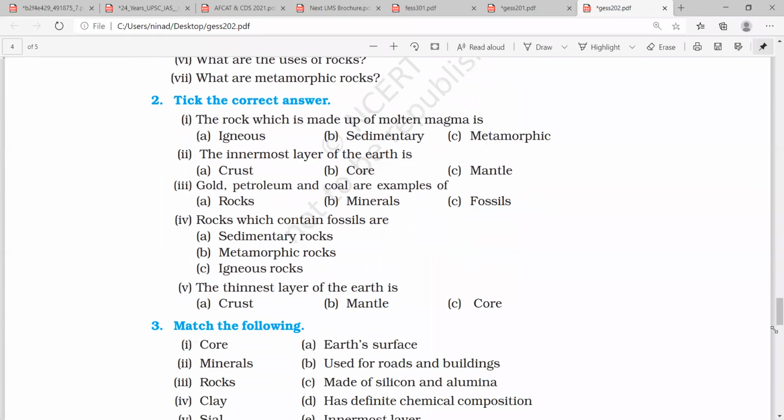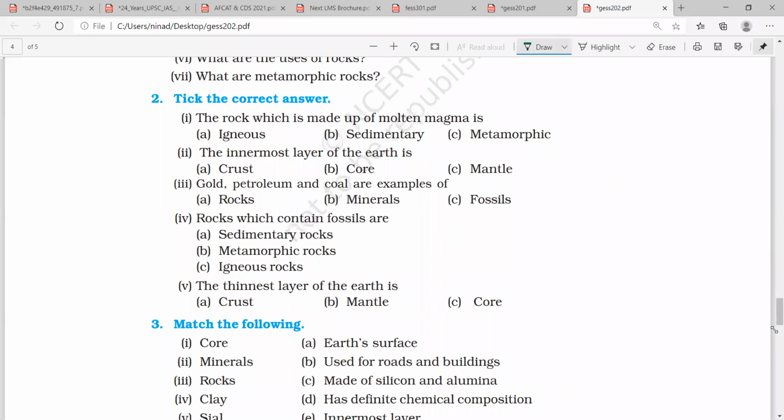Okay. Let us do some exercise. Tell me, Ansi, what's the answer for the first question? Igneous rocks. The rock which is made up of molten material: igneous rocks. Okay. Preeti, tell me what is the answer for the second question. Core. Very good. Alan?